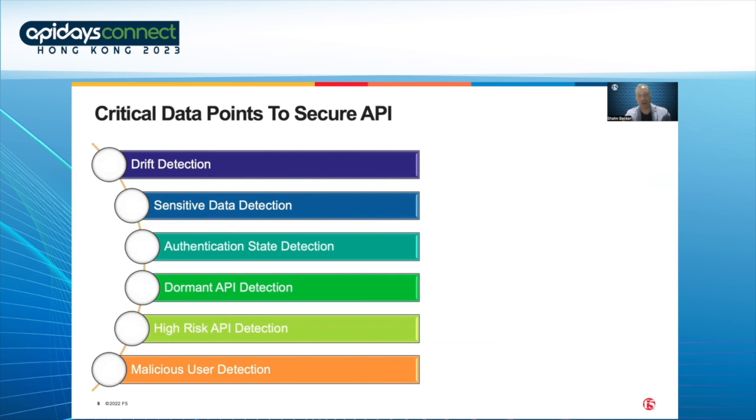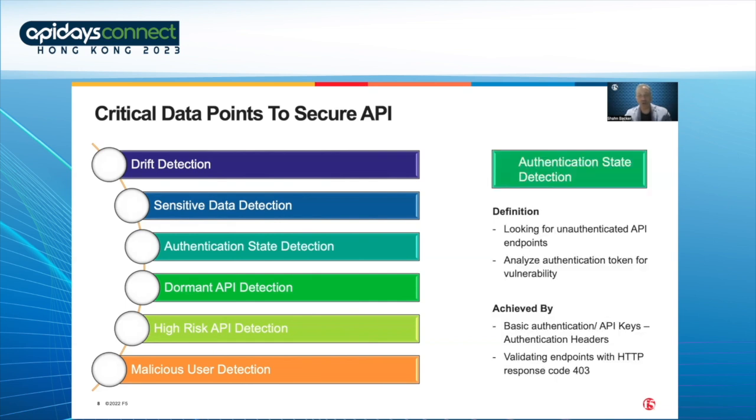But once in a while, there might be an API endpoint where this might not be enforced. Or there might be an endpoint where there is weak authentication in place. So it is not only important to see what the authentication state is, but also to analyze whether the authentication is appropriate enough. So by definition, we are looking for unauthenticated API endpoints in the ecosystem.